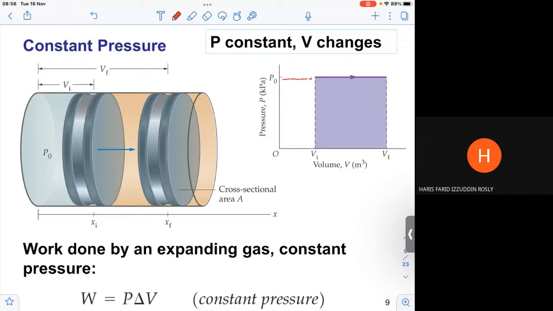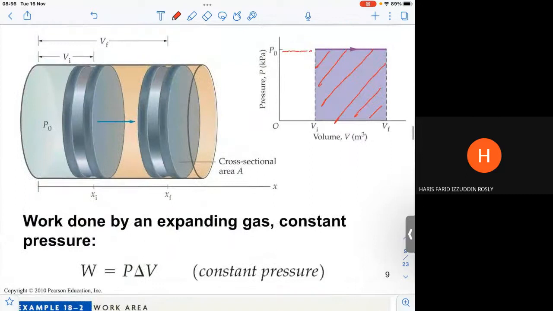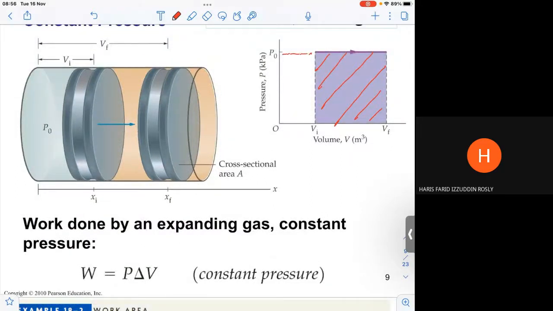So from here we can calculate the area under the graph. We are saying that the work done by an expanding gas at constant pressure is given by the area under the PV graph.